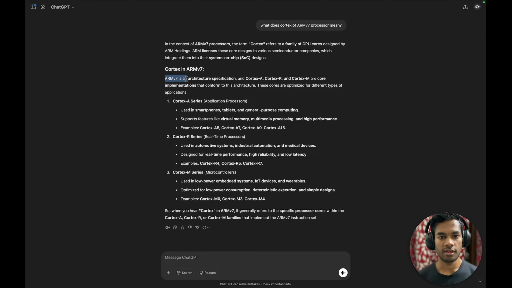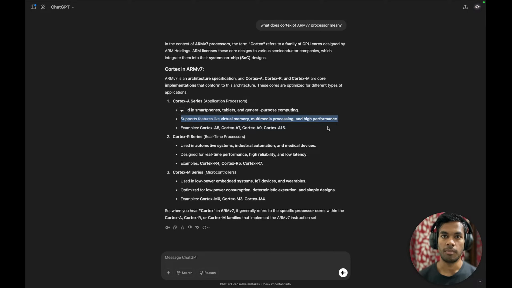ARMv7 is an architecture specification. Yep. And Cortex-A, Cortex-R, and Cortex-M are core implementations that conform to this architecture. These cores are optimized for different types of applications. The Cortex-A series are application processors used in smartphones, tablets, and general purpose computing, and support features like virtual memory, multimedia processing, and high performance.